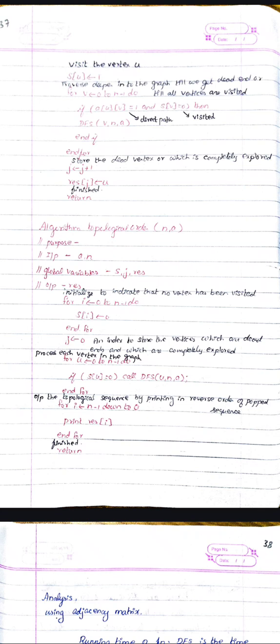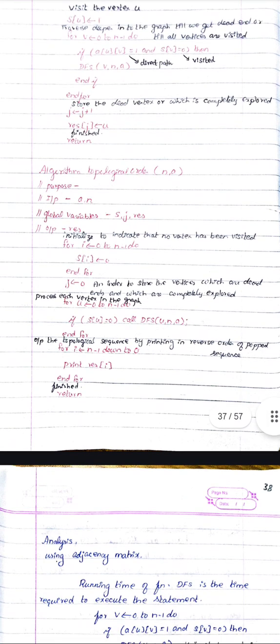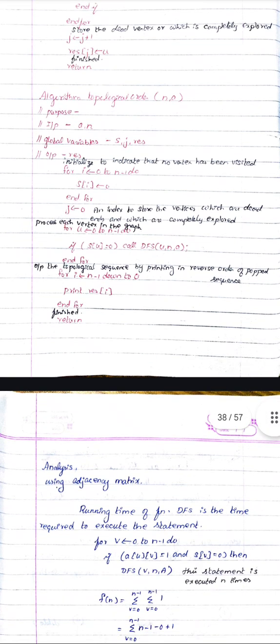J plus 1 stores the dead end vertex which is completely explored, and res of j is equal to u, that is finished. Then the topological sort begins.